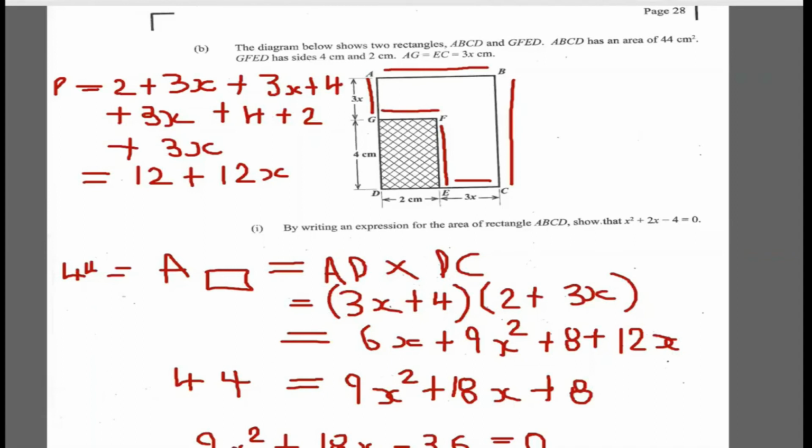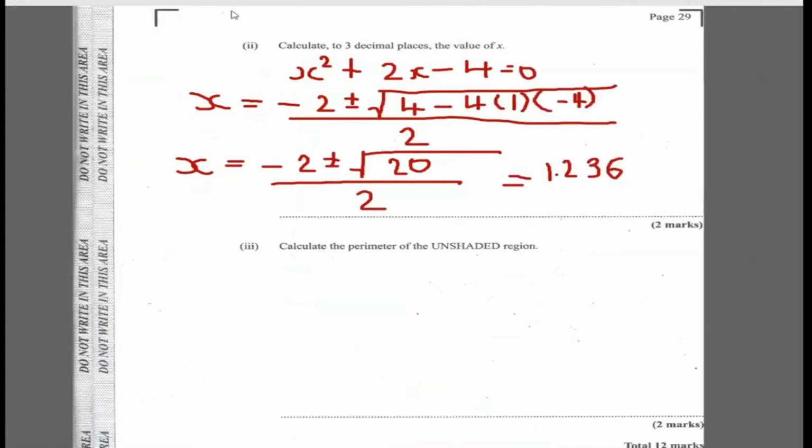So now we can go ahead and finish it. Calculate the perimeter of the unshaded region. So the perimeter is equal to 12 plus 12x. And then we know what x is. x is 1.236. So that works out to be 12 plus 12 times 1.236.